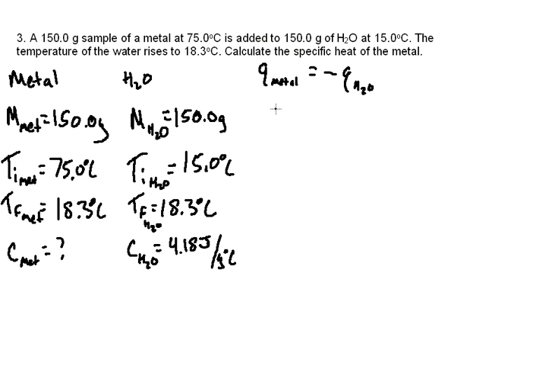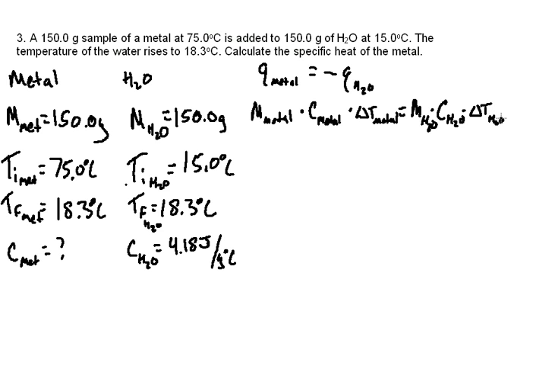Well, we know Q is equal to MC delta T, so we're going to use the mass of our metal times the specific heat of our metal times my change in temperature of the metal. And we're going to set that equal to our mass of our water times our specific heat of our water times our delta T of our water.